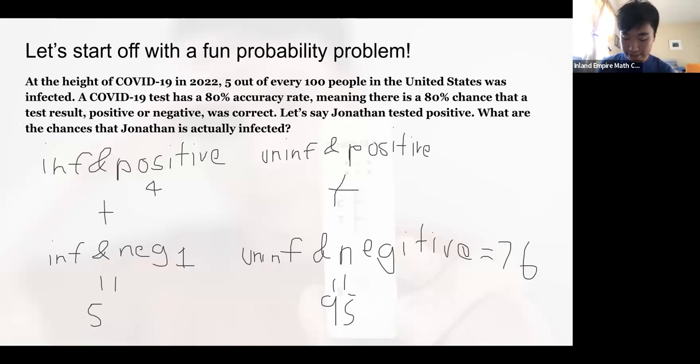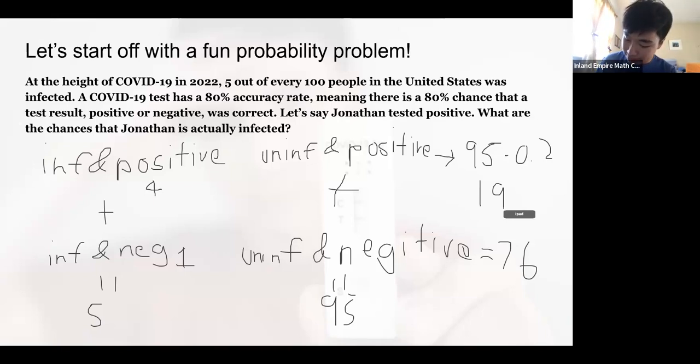Which means that out of all the 100 Americans, 76 people will be uninfected and they will test negative. But there's also the 20% of uninfected people who will test positive, which we can also do with 95 times 0.2, which is just 19.